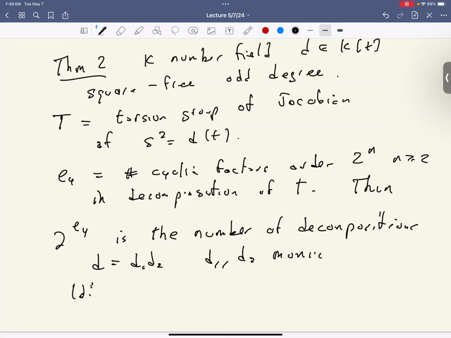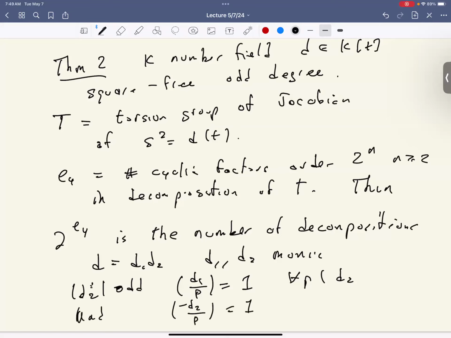So I'll say that D2 is odd, such that D1 over P is 1 for all P dividing D2. And D2 star over P is 1, where D2 is odd. So it's just the direct analog.